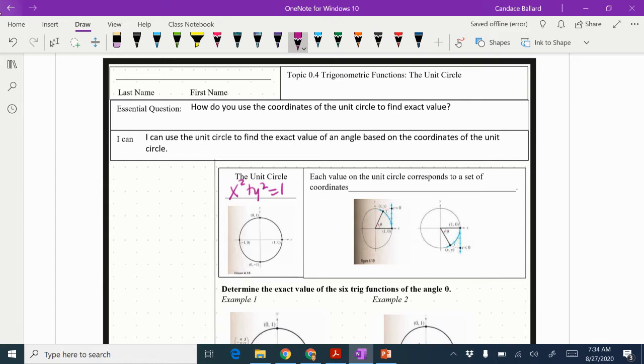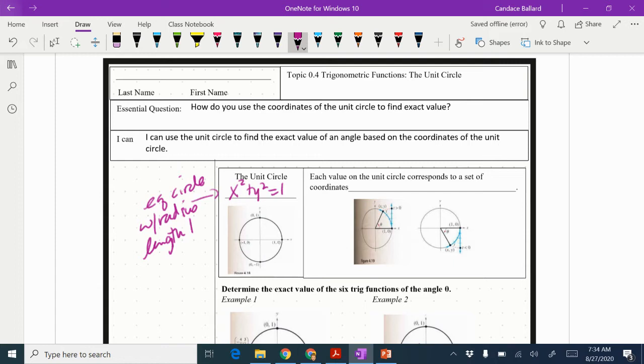You may have seen this circle with radius length 1 in geometry. Sometimes they do it, sometimes they don't. It just depends on the year. So that is a unit circle. It's a circle with a radius length of 1.